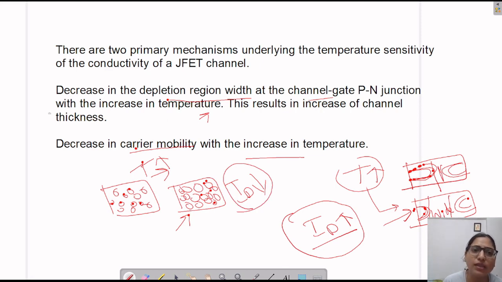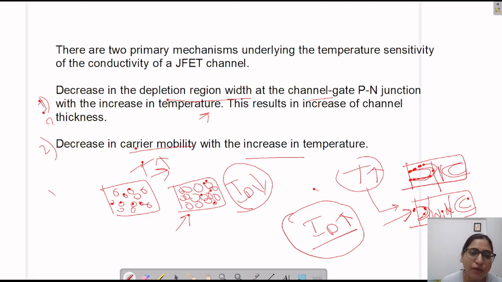These two processes are happening simultaneously in FET devices, so it has a balanced ID structure. It means ID will not increase and will not decrease with the effect of temperature. ID stays whatever it was earlier.